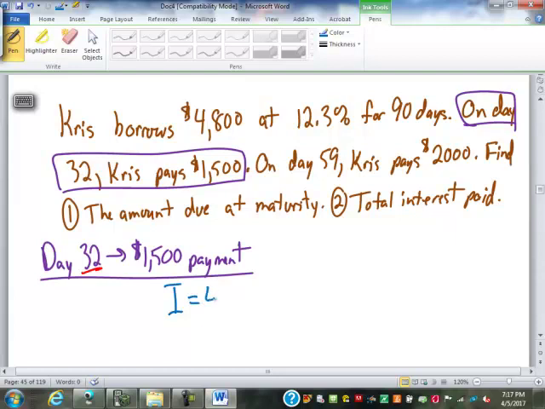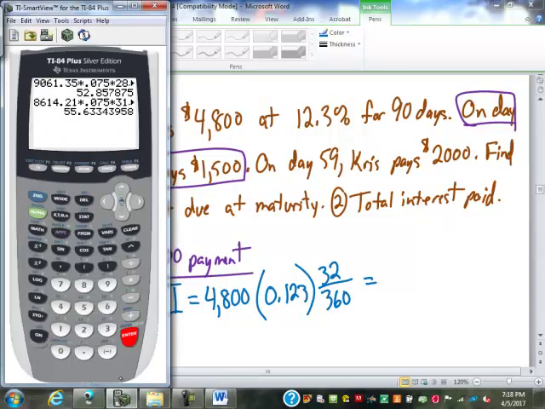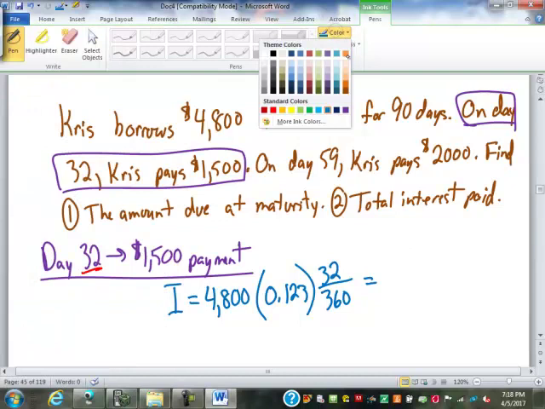Our principal is $4,800 times our rate of 0.123 times 32 over 360. That's $52.48.